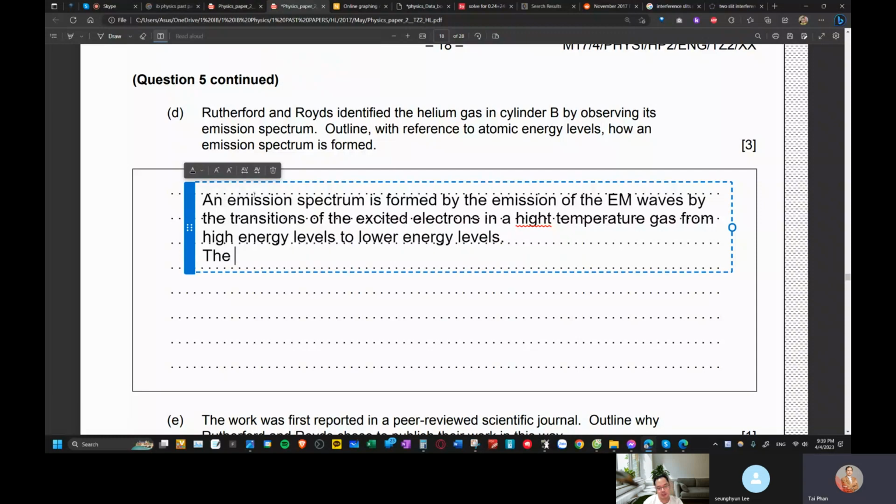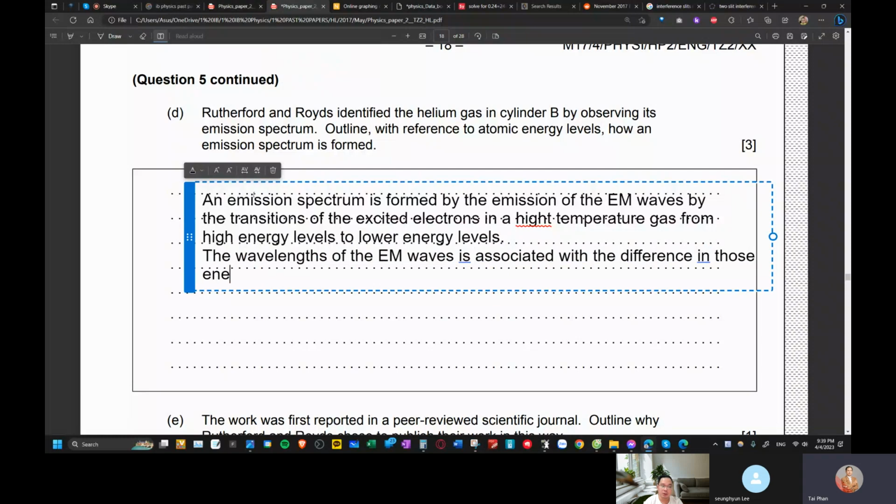The wavelength of the EM waves is associated with the difference in those energy levels.